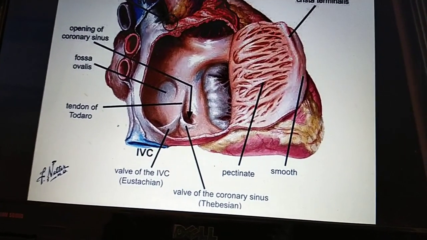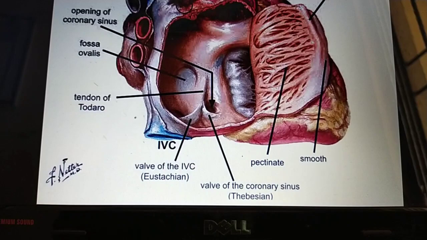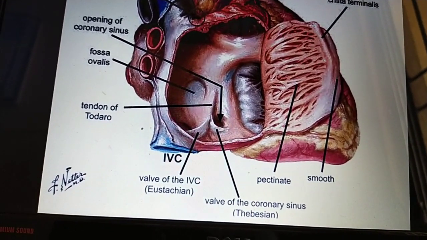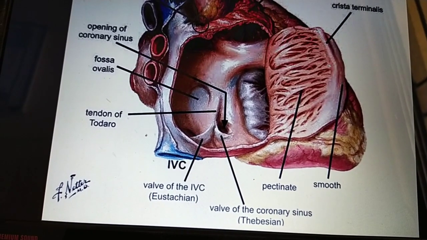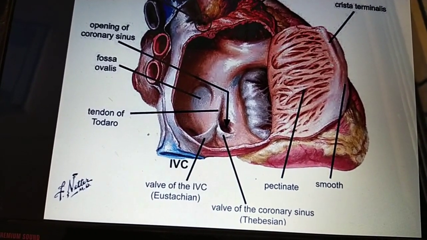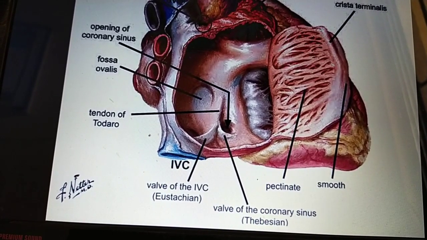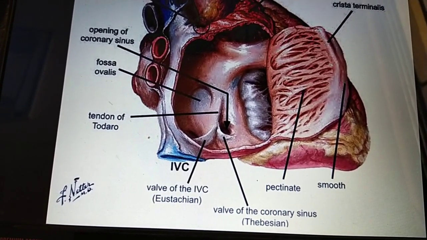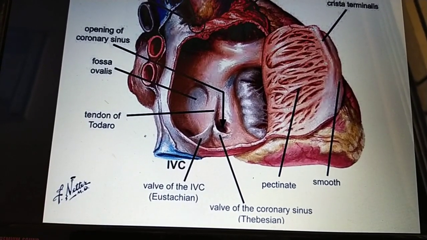Another one, you can see here, is the fossa ovalis. The fossa ovalis is a depression in the right atrium of the heart at the posterior wall, at the level of the interatrial septum, between the right and left atrial wall or septum.